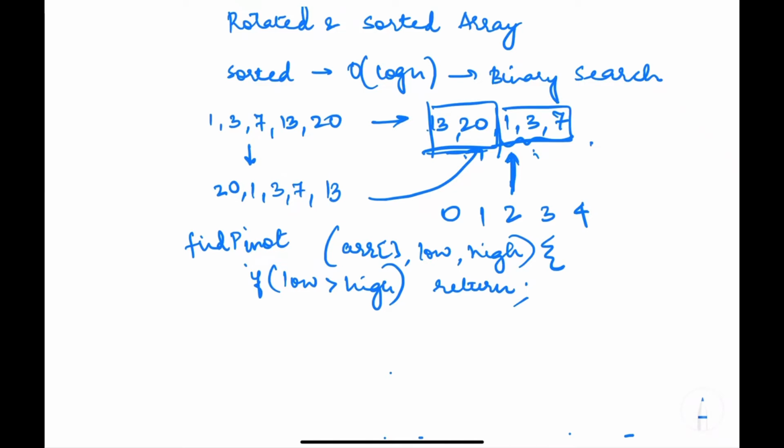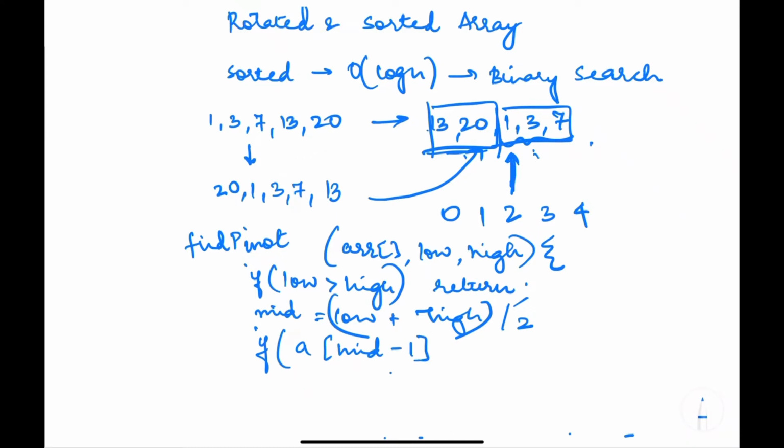Okay. Now what we need to do is first initialize the mid value. As usual, it would be low plus high divided by 2. Now if a of mid minus 1 is greater than a of mid, it means that that is the pivot point.